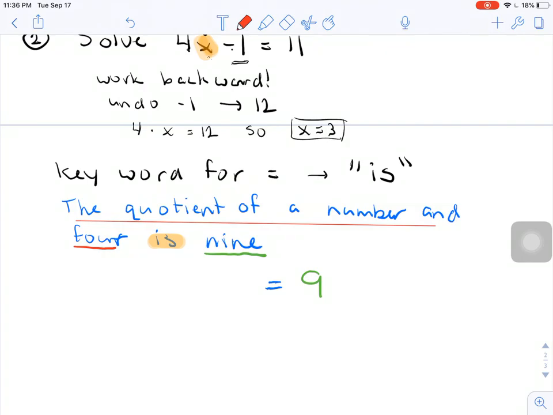So the quotient of a number and 4 means to do the number divided by 4. So adding in the is 9 part, we end up with n divided by 4 equals 9 once this is all translated. So this is very similar to what you were already doing with expressions. We just added in one keyword, is, that now lets us do the same thing with an equation instead of an expression.